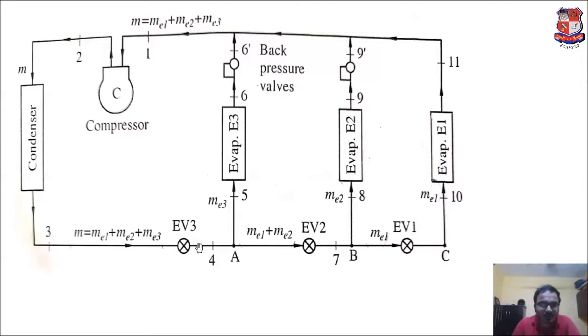So to repeat, during this process of expansion in EV3, some vapor will be generated. This vapor is taken into evaporator E3, and some liquid refrigerant is also taken into evaporator E3, because we need to have an evaporation process. For that, some liquid refrigerant is required.